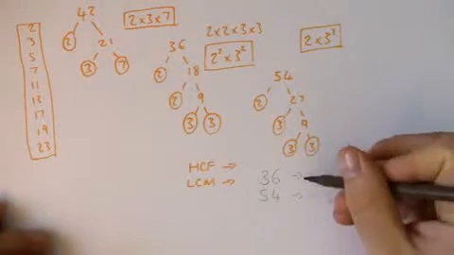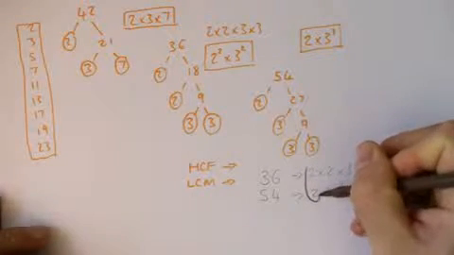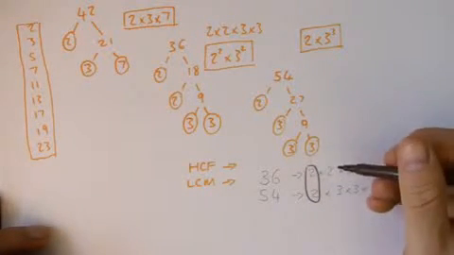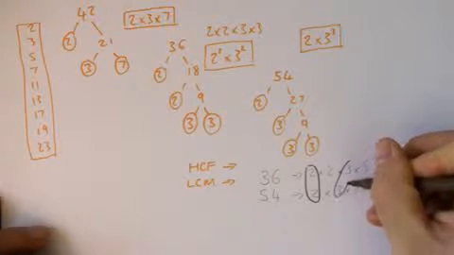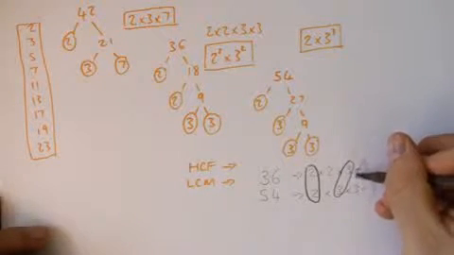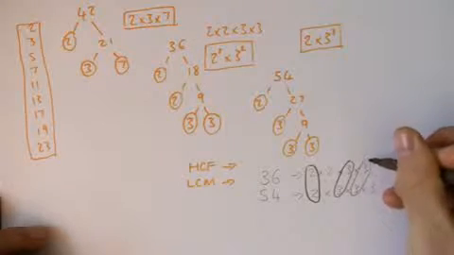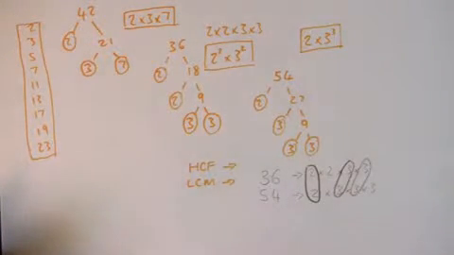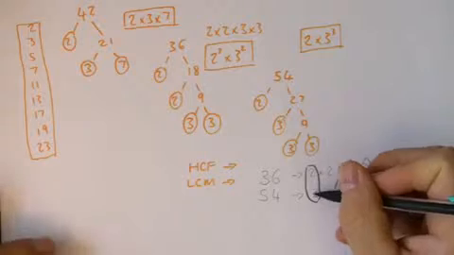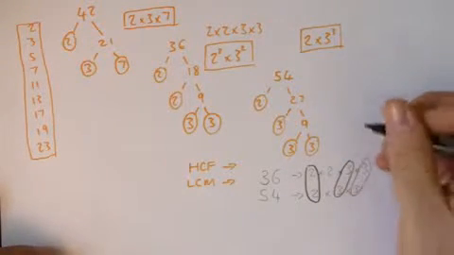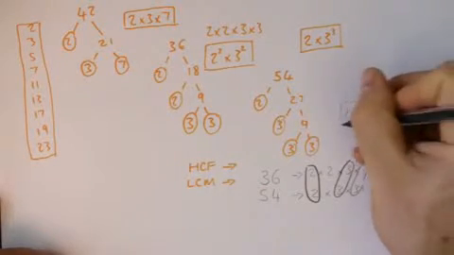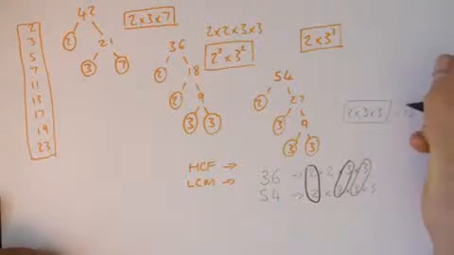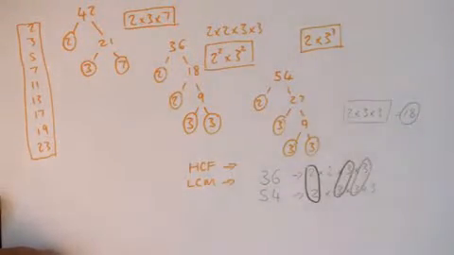What we do is look for factors that are common in both lists. 2 is common in both lists. One set of 3's is common in both lists. And another set of 3's is common in both lists. So we can say that the highest common factor is 2 times 3 times 3. So 2 times 3 times 3. And that's going to give us 18. So the biggest number that goes into both of these is 18.